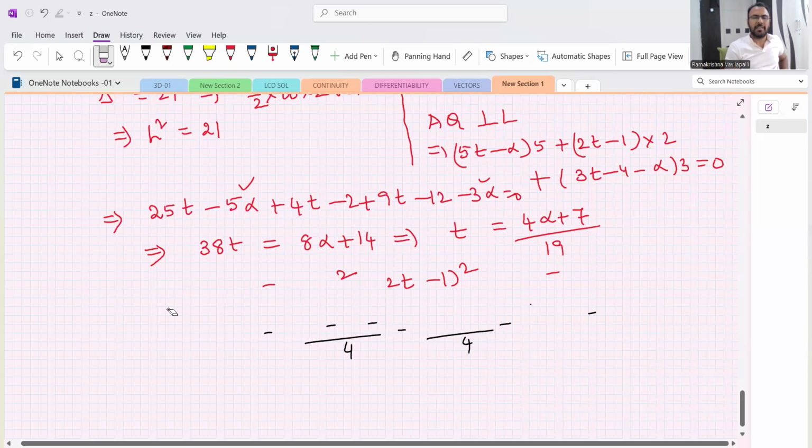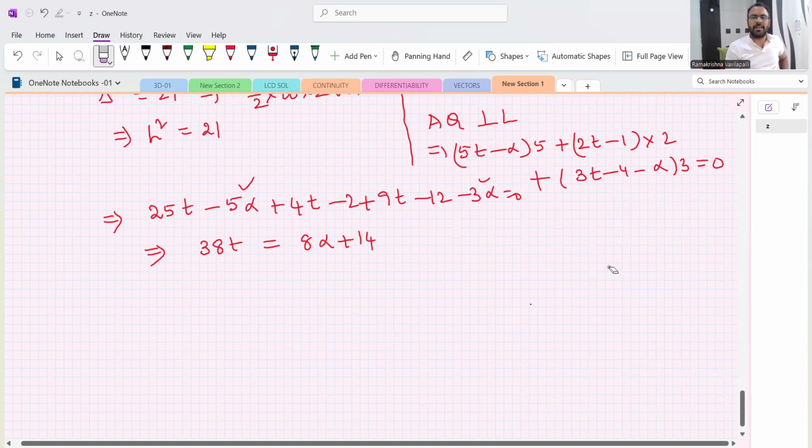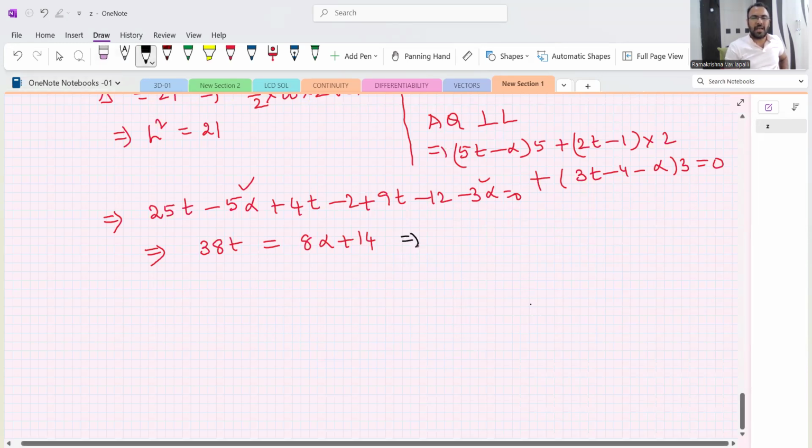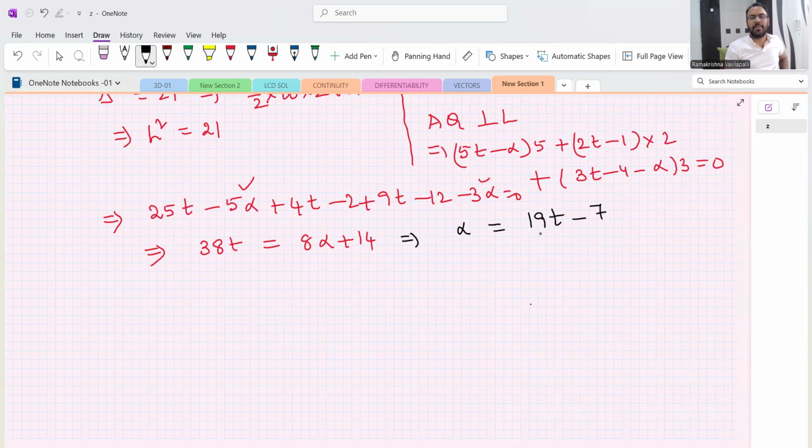Well, here it is given that alpha is an integer. So we need to find out t. Here you see that alpha is equal to (19t minus 7) by 4.